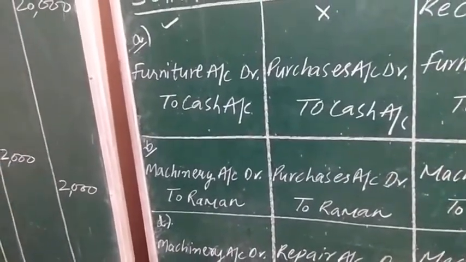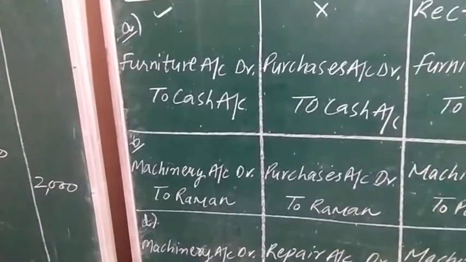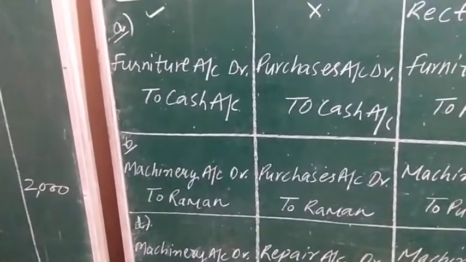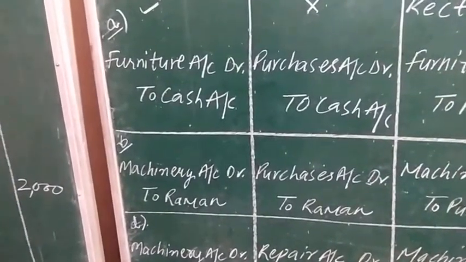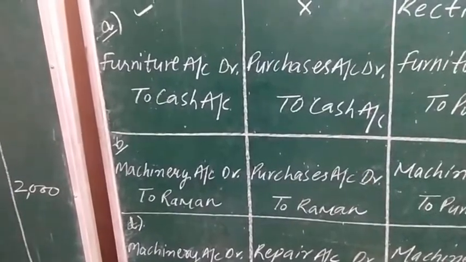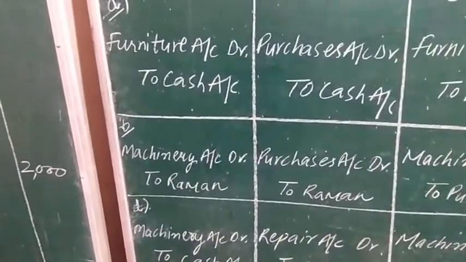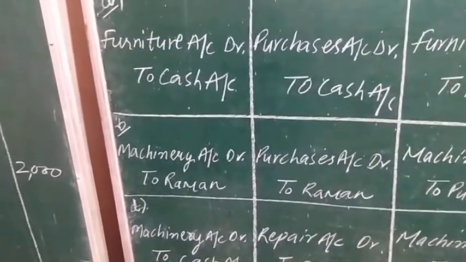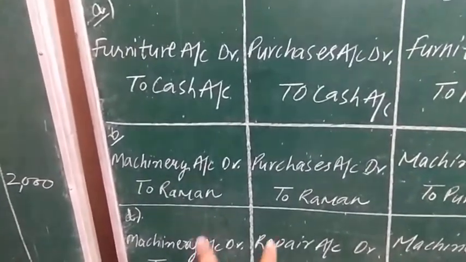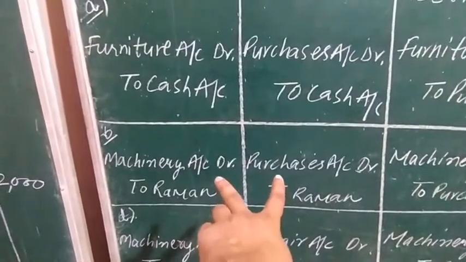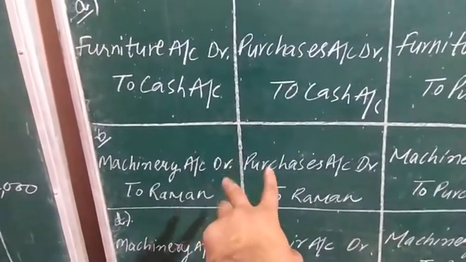But the mistake is done on the debit side. Instead of debiting machinery, machinery was replaced by purchases. Purchases account was not to be debited. So the error is on the debit side. We should focus on the debit side, right?